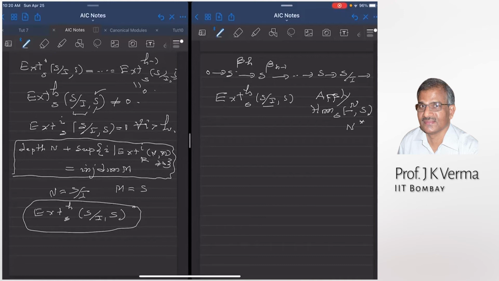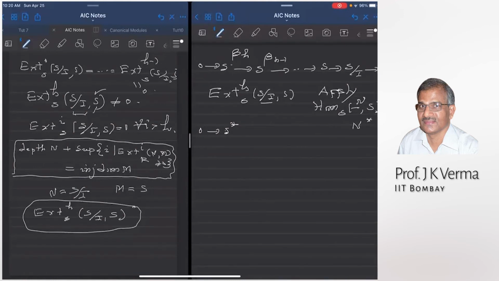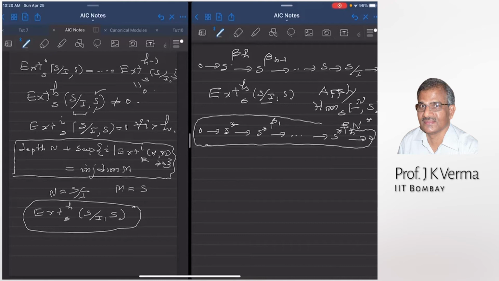Therefore we will get 0 to S star, right? This sequence will reverse because this is a contravariant functor, and then S star to beta 1, S star to beta H, to 0. This is the complex whose cohomology gives us all the Ext i. But there is only one non-vanishing Ext i, and that will be at this spot.